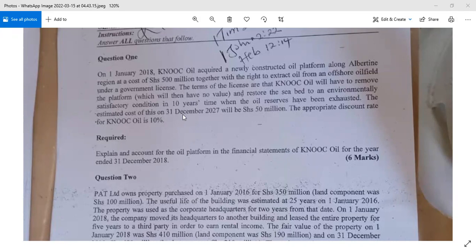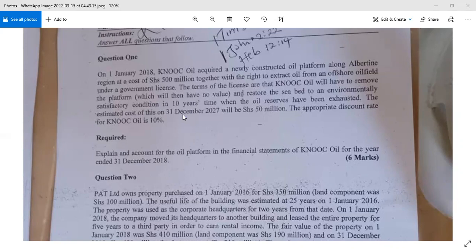So that was a task here, that you're given a particular cost. If I may read through, they're saying that on 1st January 2018, the required says that explain and account for the oil platform in the financial statements of OC Oil for the year ended 31st December 2018.